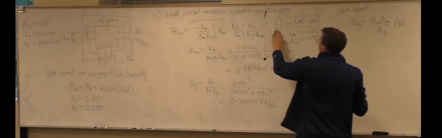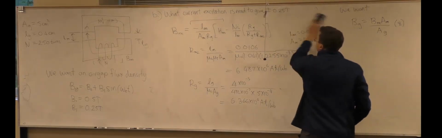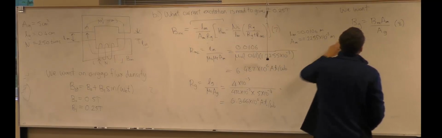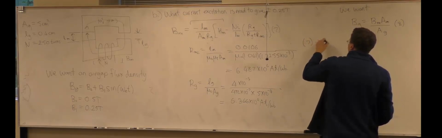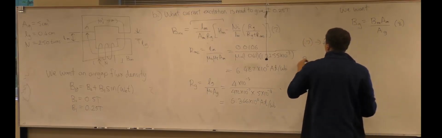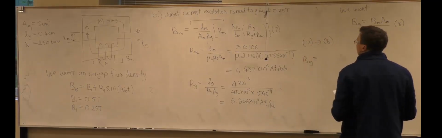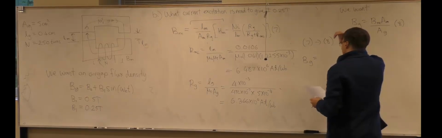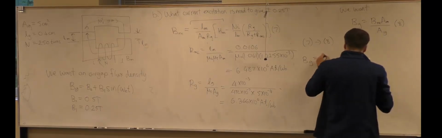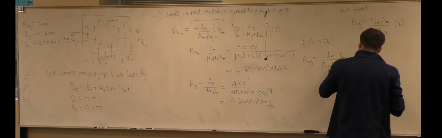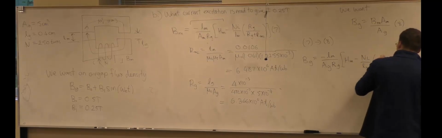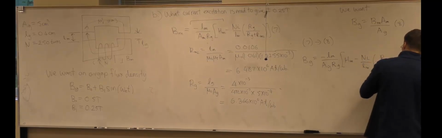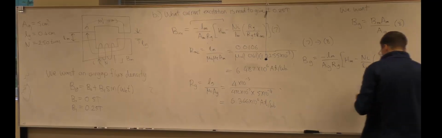So this is equation 7. This one's 7. So we'll put 7 into 8, and then we get out Bg is equal to, so the Am's cancel, and then we have minus Lm over Ag Rg times Hm minus Ni Lm Rg divided by Rg plus Rml, like that.